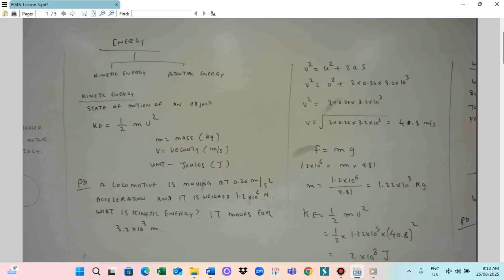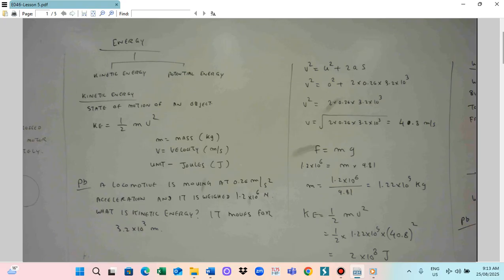The locomotive moves for 3.2 into 10 power 3 meters. Calculate the velocity. So v square is equal to u square plus 2as. We have to calculate the velocity because when we want to calculate the KE, half m v square, firstly you need to calculate the velocity. So u is 0, the acceleration is 0.26 meter per second squared, and the distance is 3.2 into 10 power 3 meter.